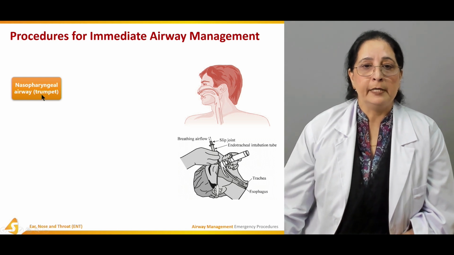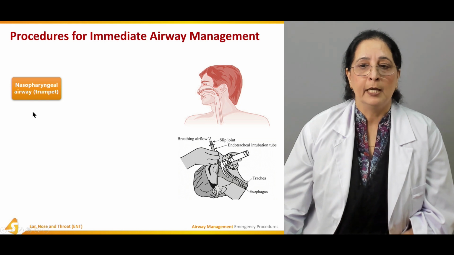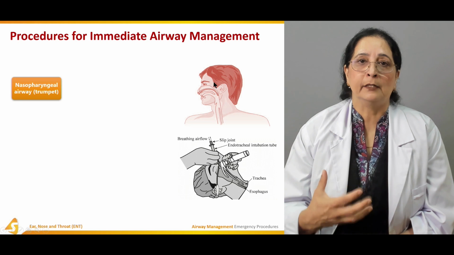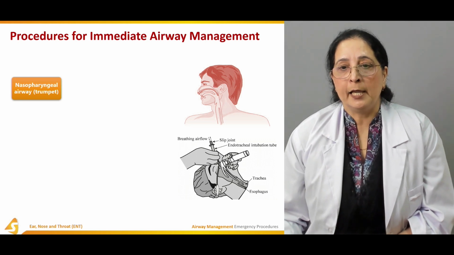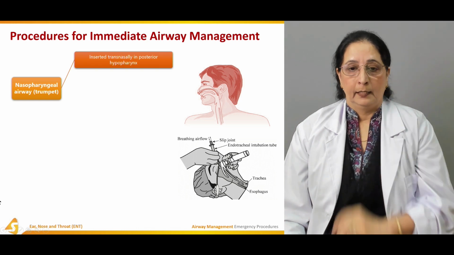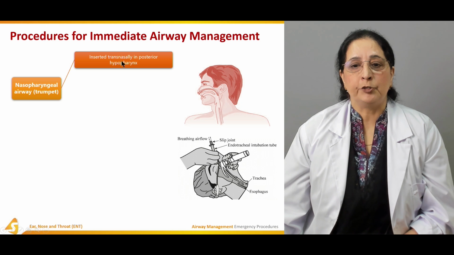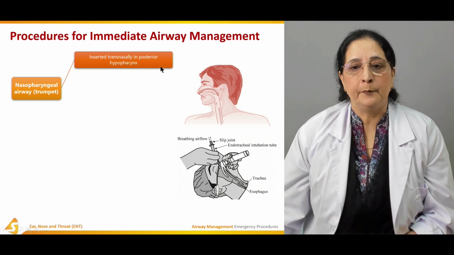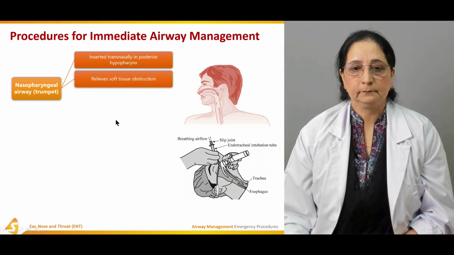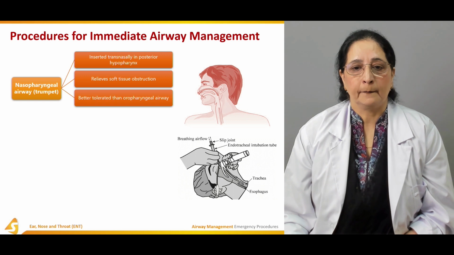Then we have a nasopharyngeal airway. This is the trumpet, which is the easy method for maintaining the airway. The trumpet is inserted transnasally into the posterior hypopharynx. Relieves soft tissue obstruction.